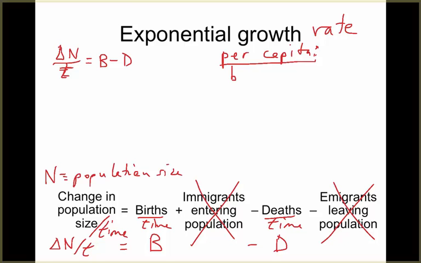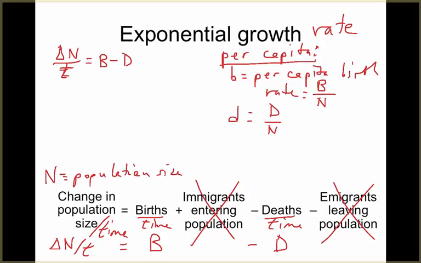So we'll switch then to small b, which is per capita birth rate. And so this is just simply the overall total birth rate divided by the population as a whole. Similarly, the per capita death rate will be lowercase d, and this just simply will be the overall total death rate divided by the overall population size.